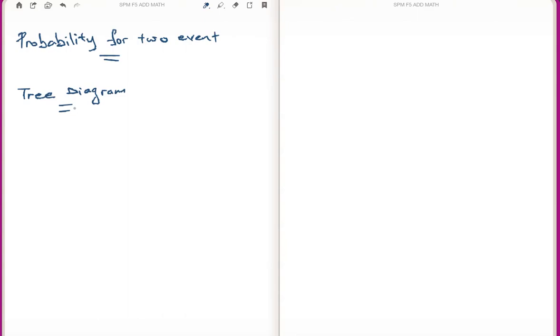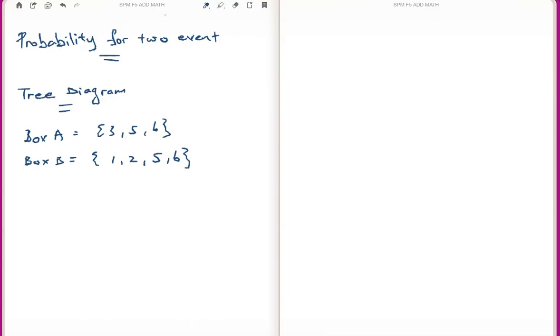Say for a tree diagram, you will get a question like this: I have box A, and inside box A you have the numbers 3, 5, and 6. And in box B you have the numbers 1, 2, 5, and 6.